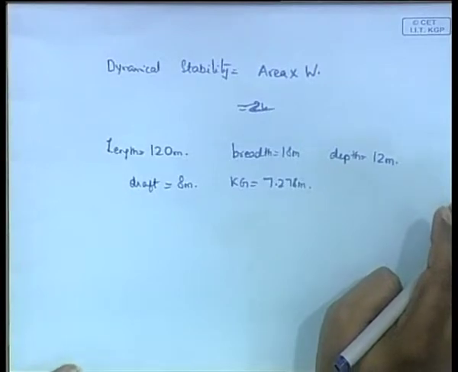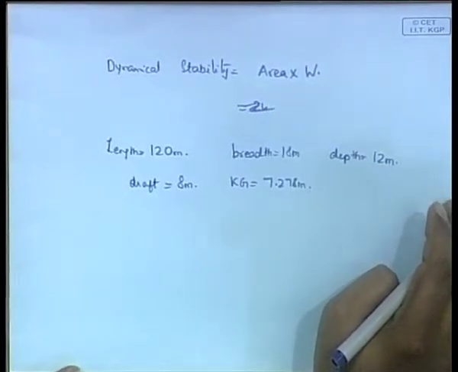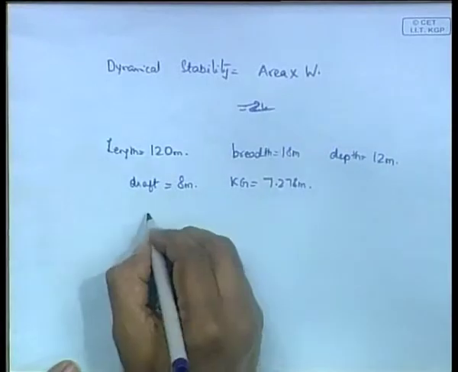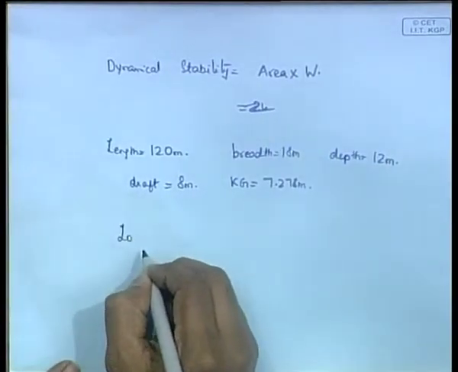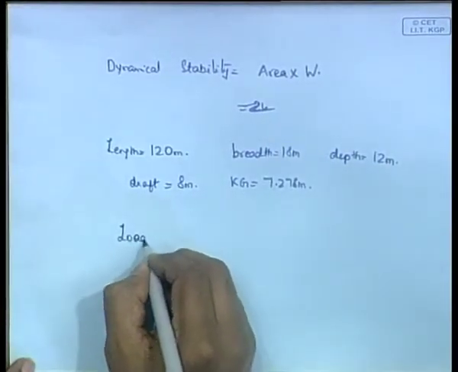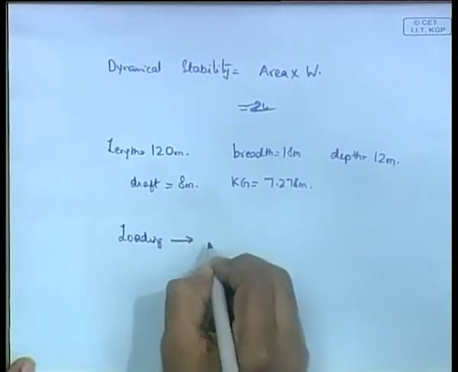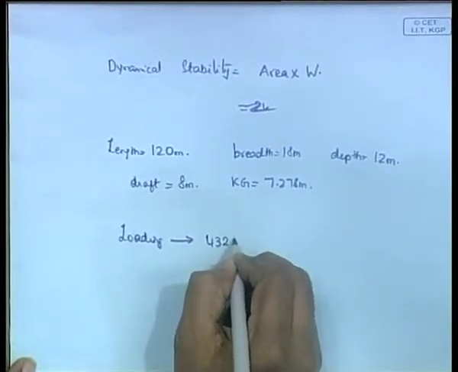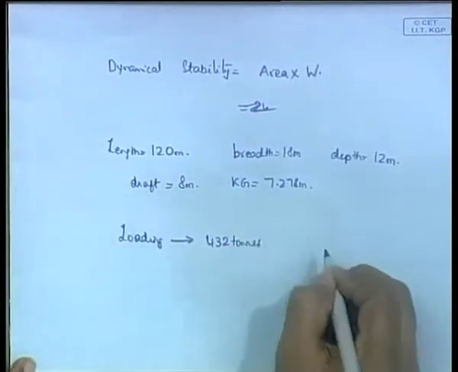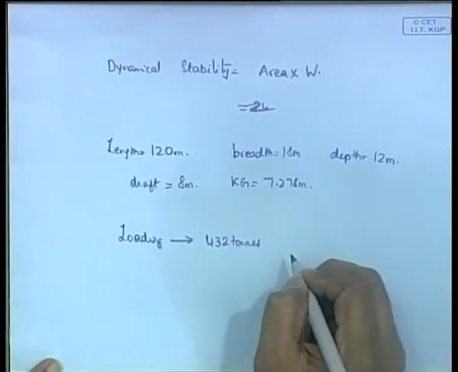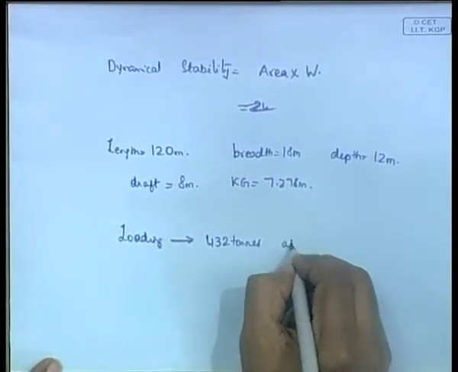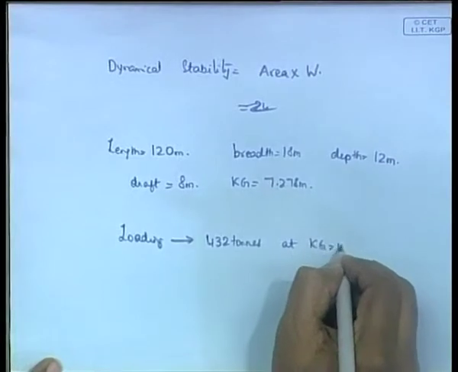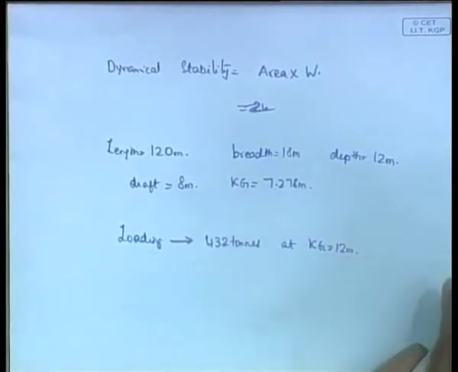Now, you are going to load a weight of 432 tons at a KG equal to 12 meter. Okay. So, a weight of 432 tons is loaded at a KG of 12 meter.